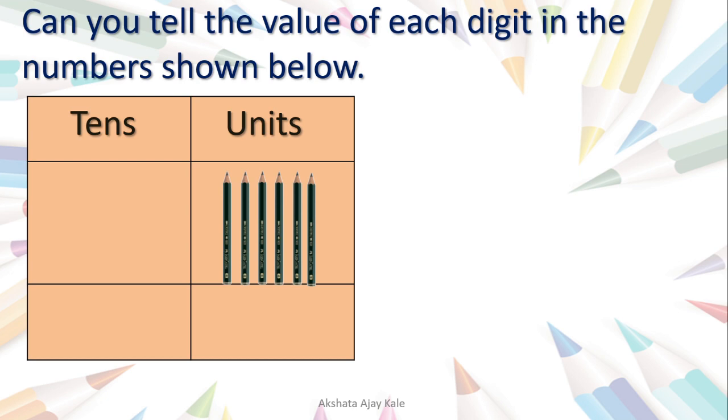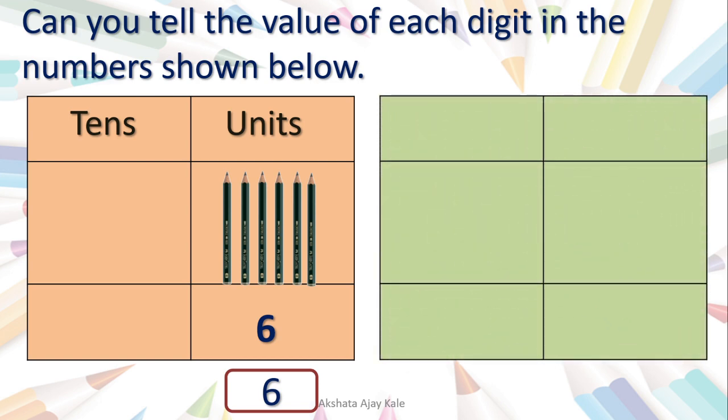We can see here 6 pencils. So we will write 6 units. What is the value of these 6 units? 6 is in units place, so the value is 6. Am I right? 6 single pencils are there. So the value of 6 is 6.